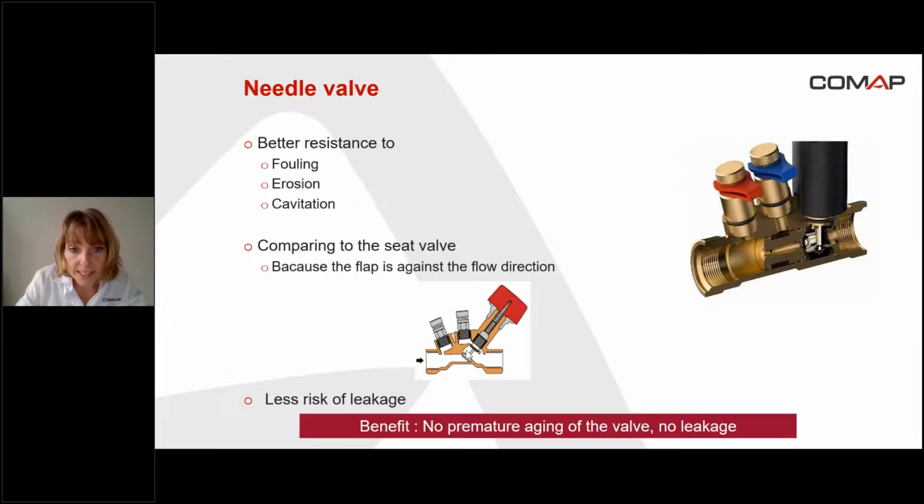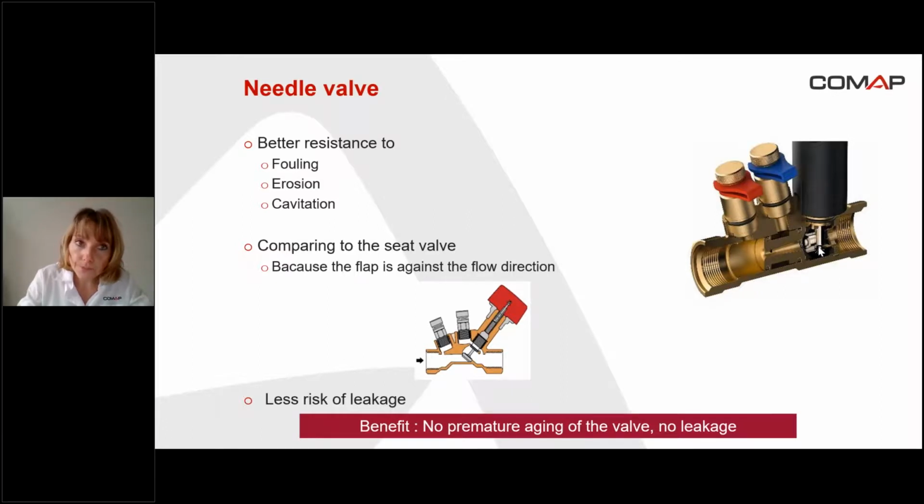So that means it's easier in that case to generate fouling and erosion of the valve, and also cavitation. As we have a needle here, we have a better resistance to this phenomenon. So there is less risk of leakage, and there is no premature aging of the valve.